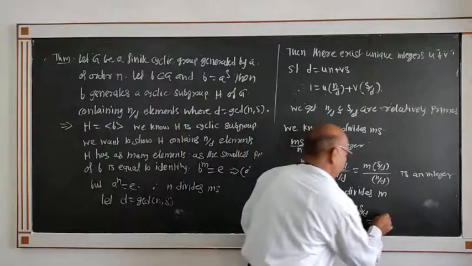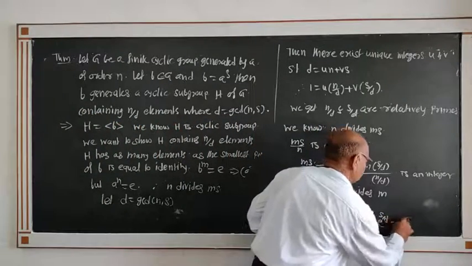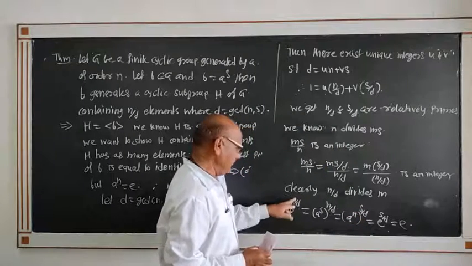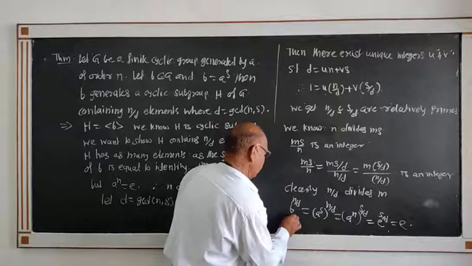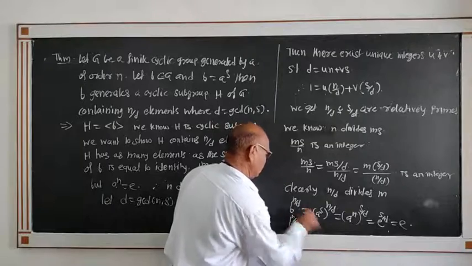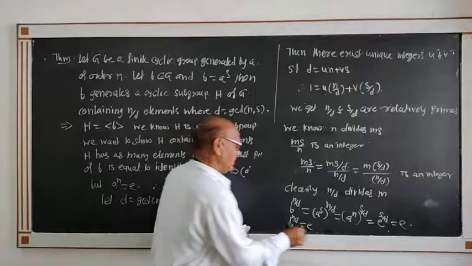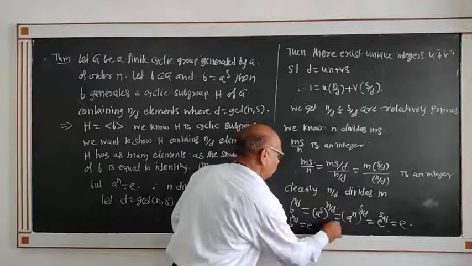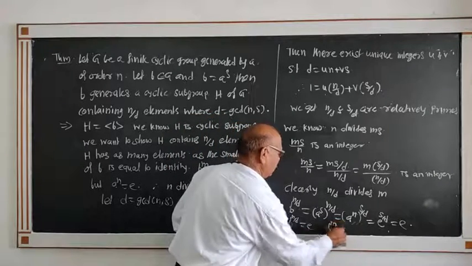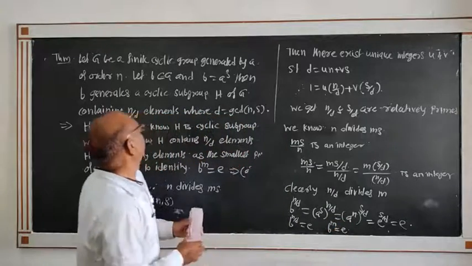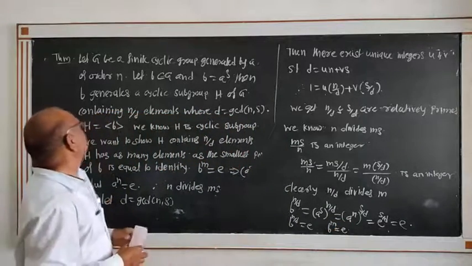This is e to the power s by d, and this is equal to identity. So B to the power n by d is equal to e, and we know the order of B is m.